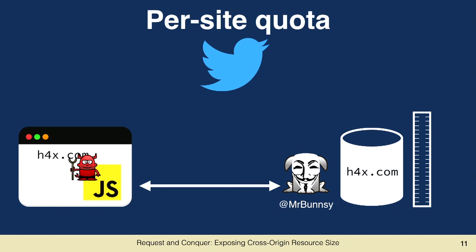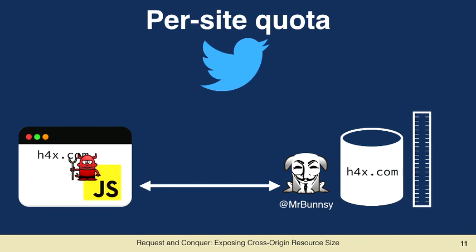We have our user again visiting a malicious website, for instance, hex.com. This could also be an iframe, so it doesn't necessarily need to be the website he is visiting.